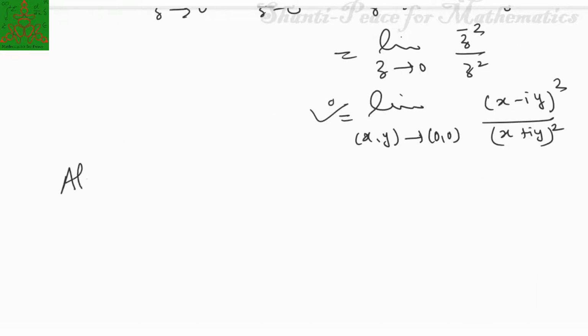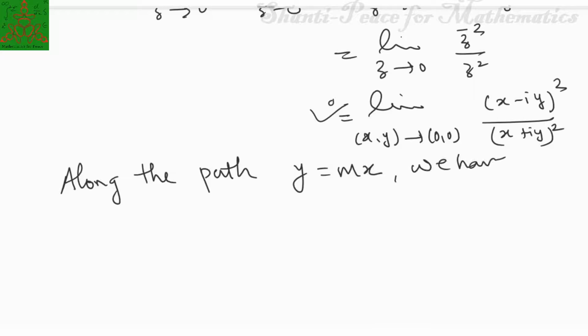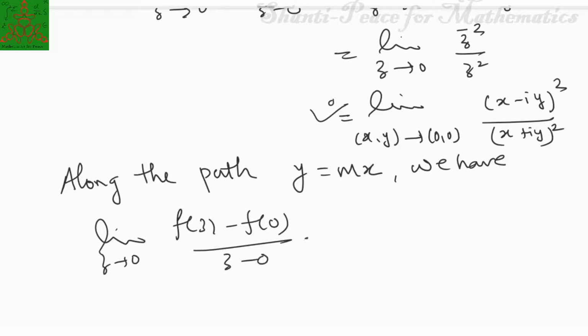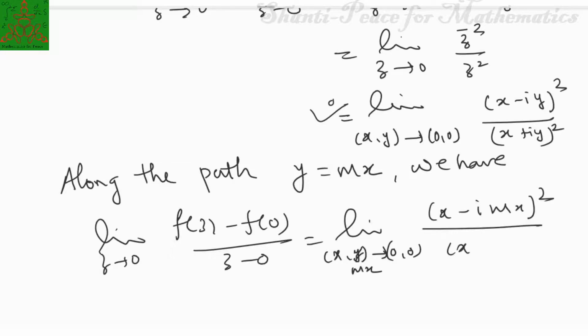So along the path y equal to mx, we have limit z tends to 0, f of z minus f of 0 upon z minus 0, which gives you limit x tends to 0, but since y is mx, I just write down mx here. That is x minus i mx square upon x plus i mx square.